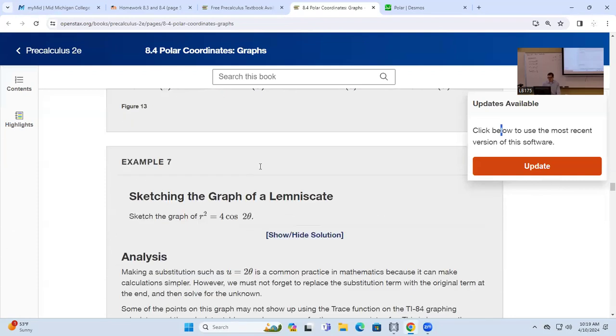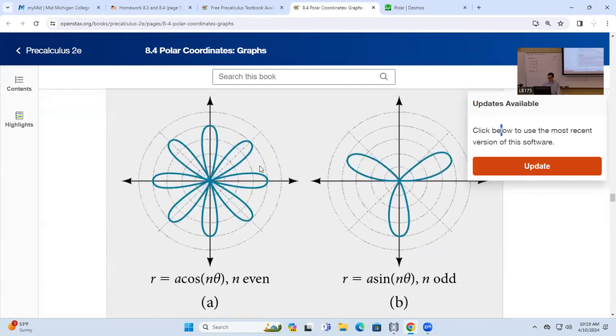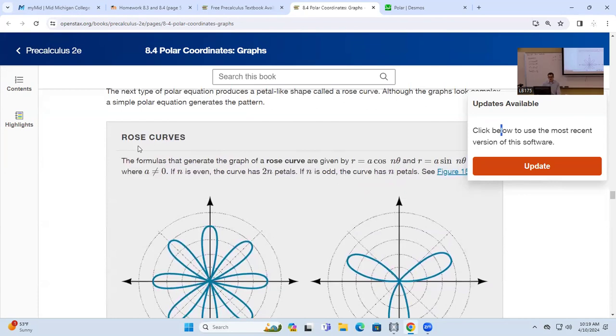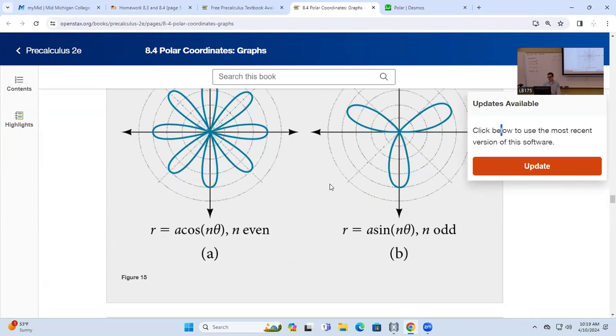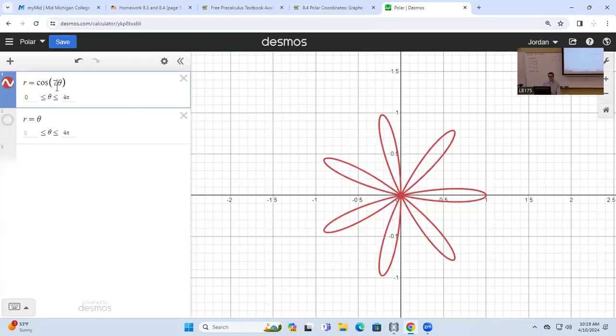The book calls them rose curves. And you see, here's a rose curve with 3 loops. It breaks it up into odd and even. Here's why. Every time we have an odd number in there, like 7, I get 7 petals on my rose curve.